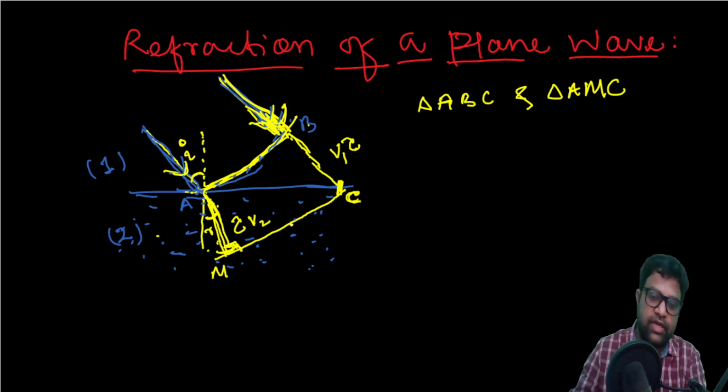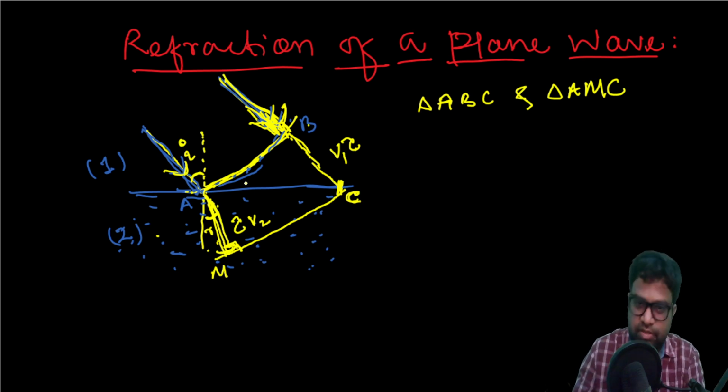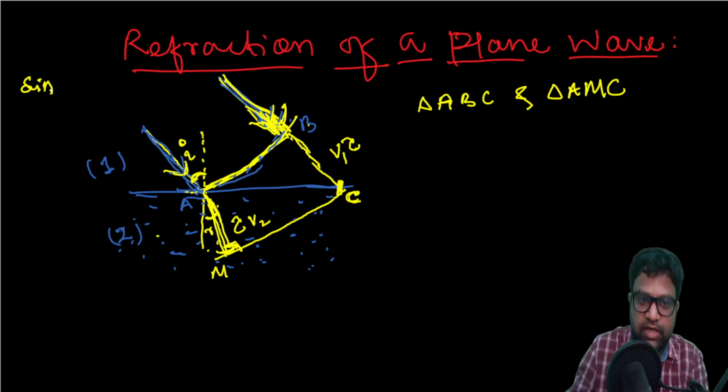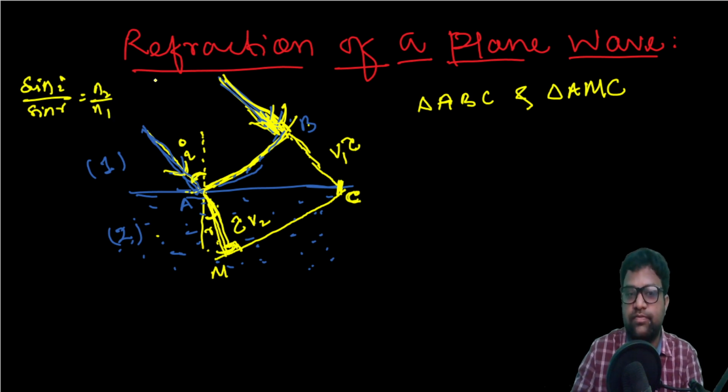In these two triangles, you see sin i and sin r. Because we have to prove this one, sin i by sin r is a constant, or you can say mu2 by mu1. You have to prove this, right?